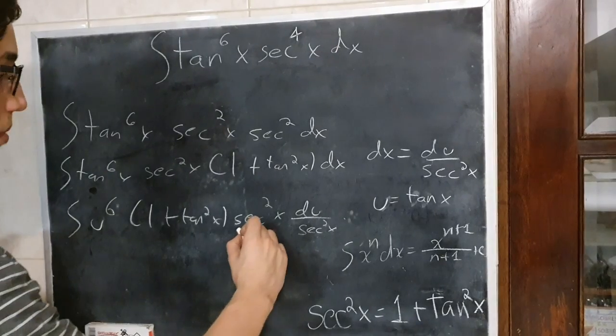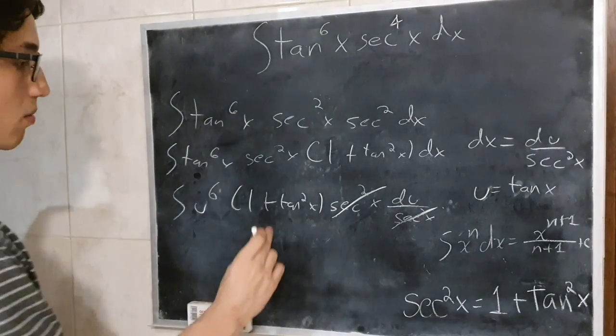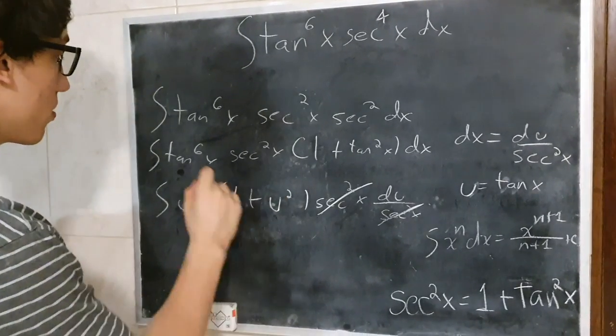So we eliminate this sec squared with this one, and this one is u because it's also tan.